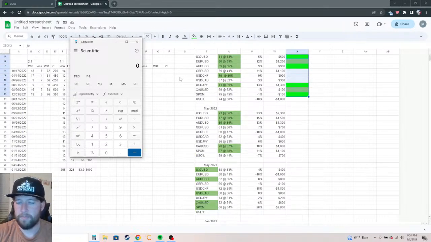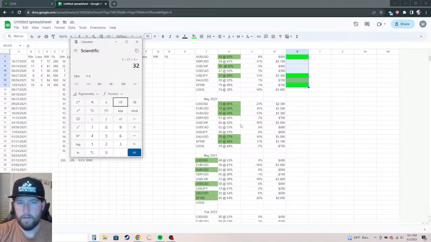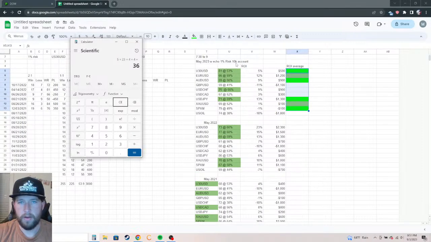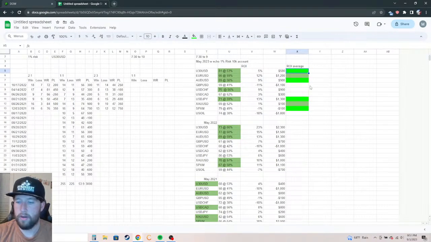Just have to do it again. 5 plus 23 plus 4 plus 4 is 36. Divide that by 4. Average return per month of 9% so far.